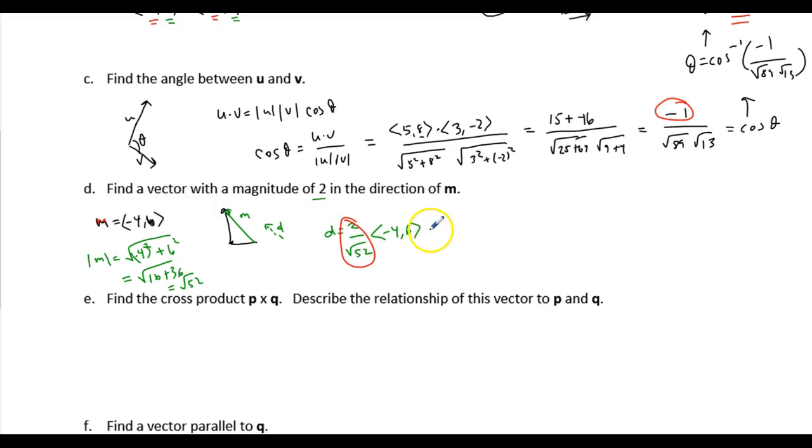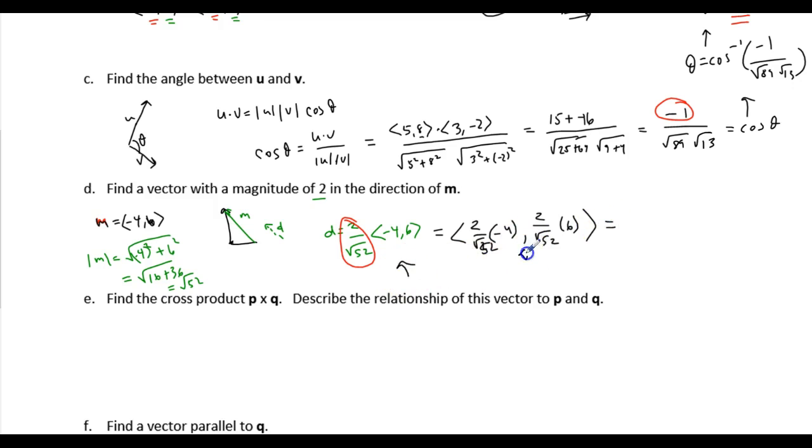You could leave the answer like that, or distribute it: 2 over root 52 times negative 4, comma, 2 over root 52 times 6. Or any other variant. I think the answer key has the 2 factored out, which is fine.